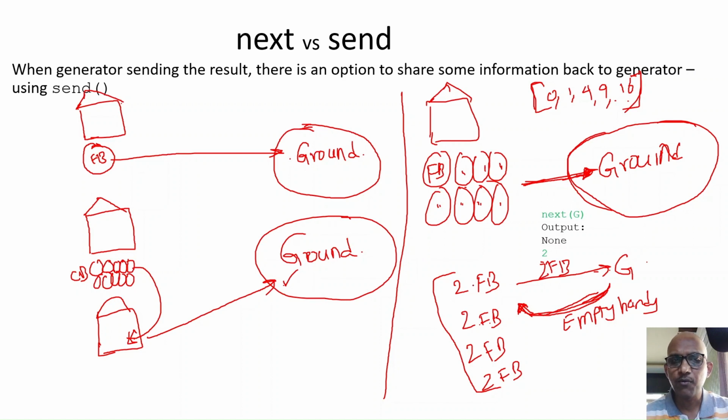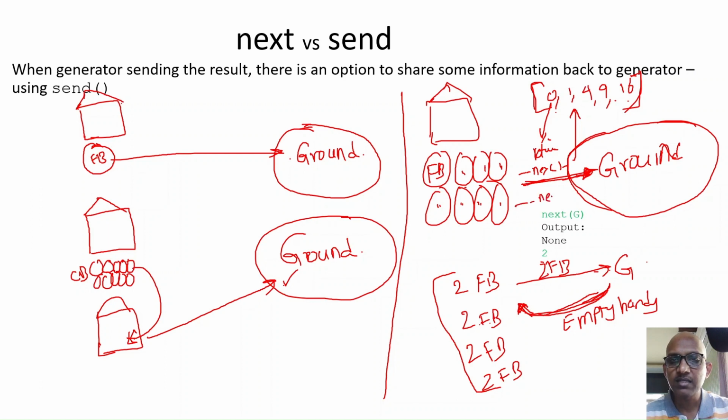Similarly, I can take one element at a time. First I will take the first element and return it. Whenever I call the next method, double underscore next double underscore, it will go to the next element, take it, and come back here.